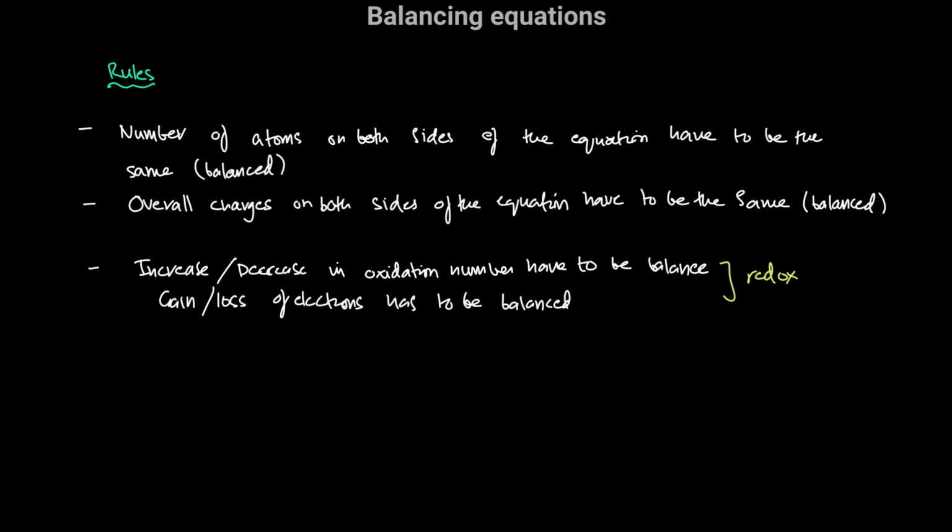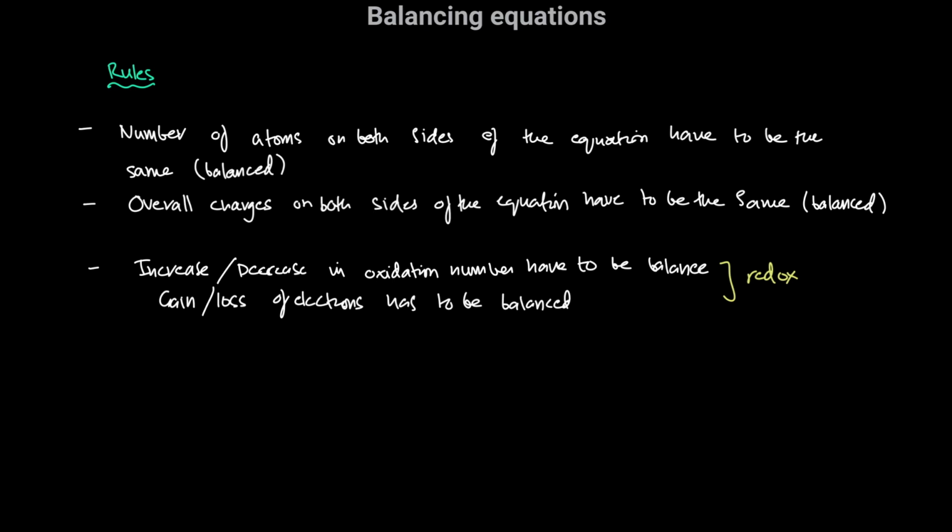Sometimes if you have difficulty balancing an equation using just the number of atoms on both sides, we can balance it using charges. And if it's a redox reaction, we can also balance the chemical equation using changes in oxidation number or gain and loss of electrons. This is actually the most effective way to balance complicated redox equations. So we're going to be looking at that next.